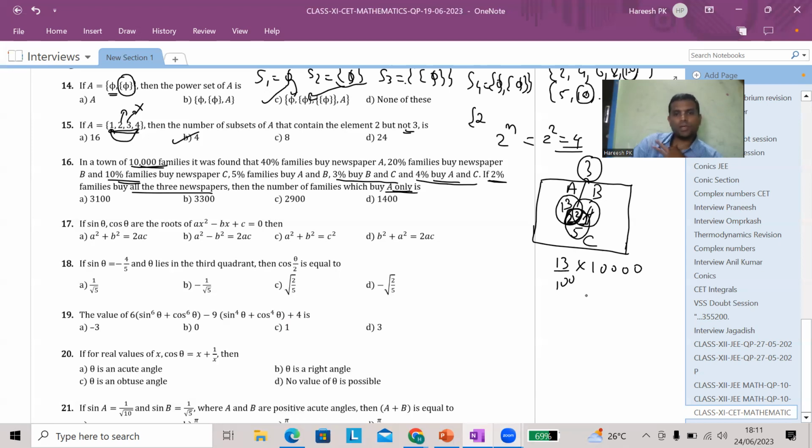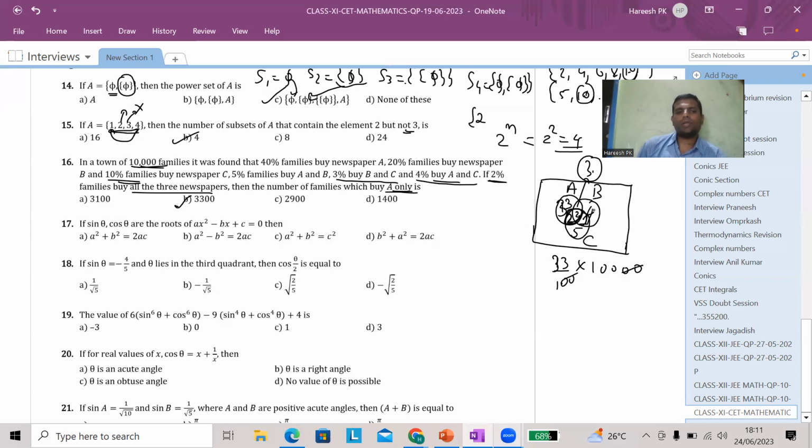So 40% buy A. Oh, okay, I made a mistake. 40% buy A. So if 40% are buying A, then this will be 33%, isn't it? 33, 36, 38, 40. So this will be 33 by 100 into this. So it will be 3300.